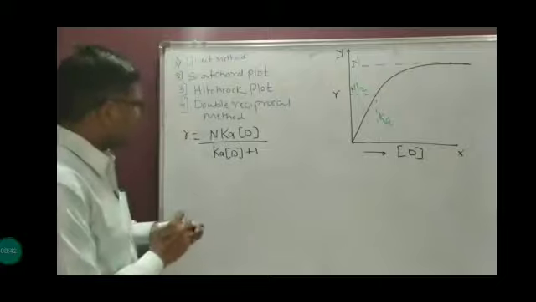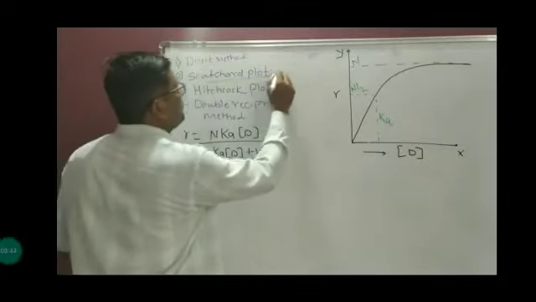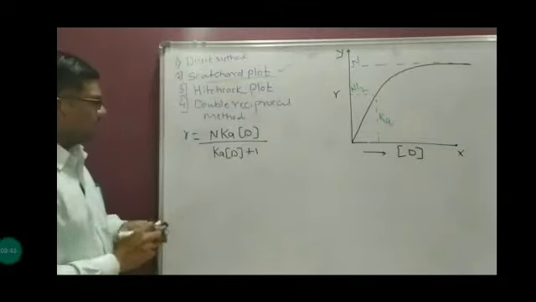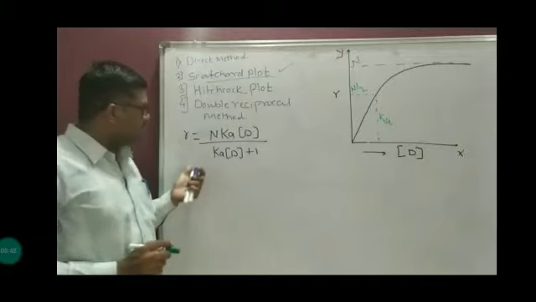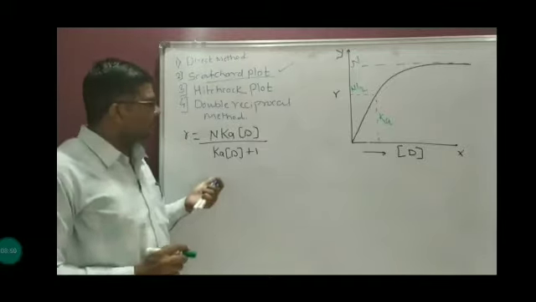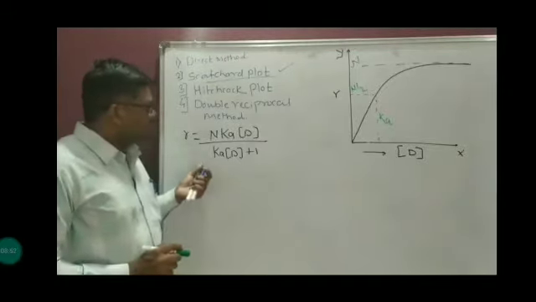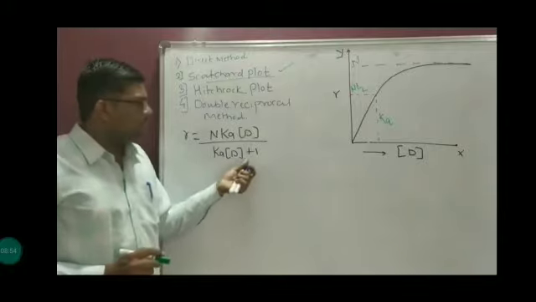Now second, we will see the scatter plot method. In this, again taking this equation, R is equal to N Ka concentration of D divided by Ka concentration of D plus 1.